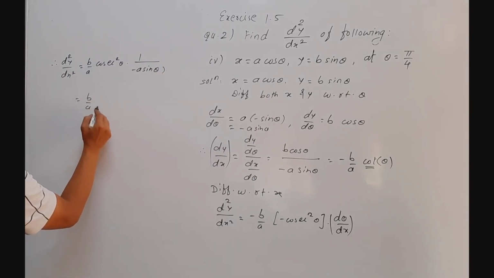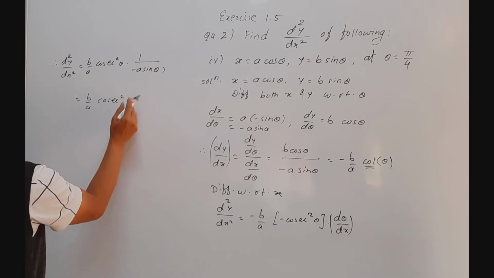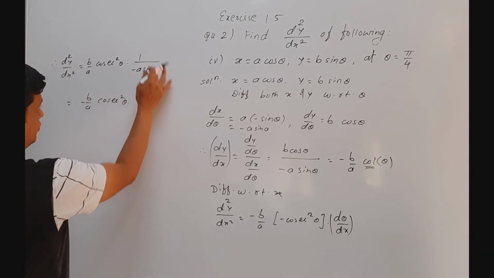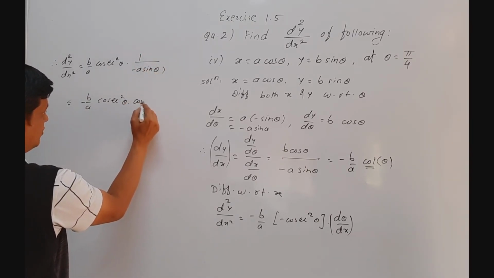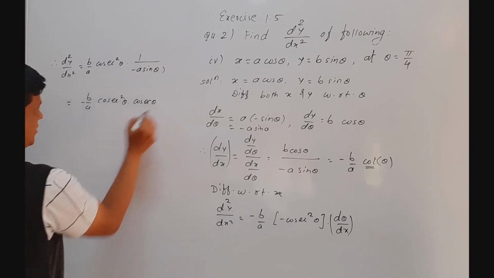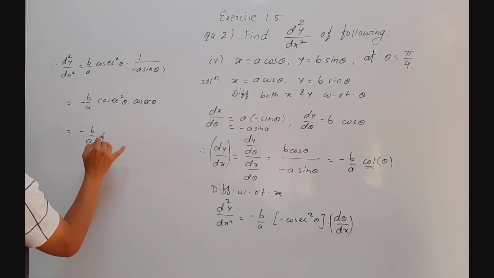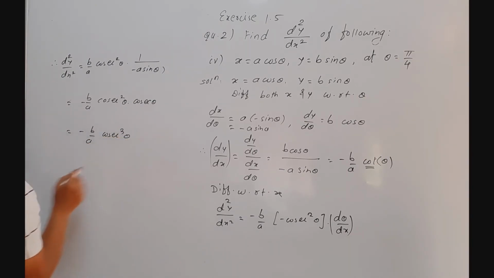So b by a cosec square theta, we write this minus sign at first position, so write minus b by a cosec square theta into, we know that 1 upon sin theta is cosec theta, so write here cosec theta, so write minus b by a cosec cube theta.